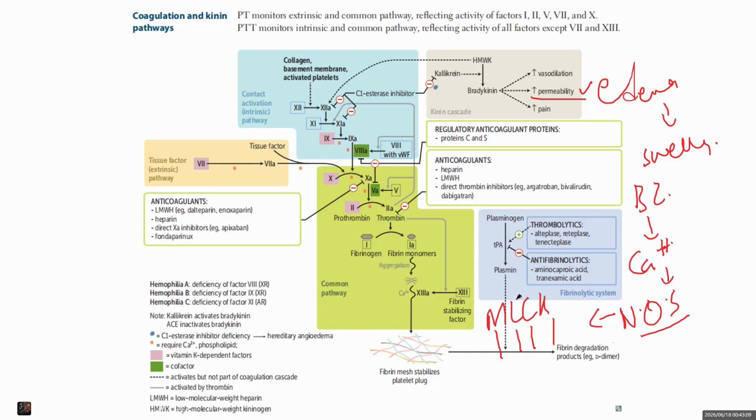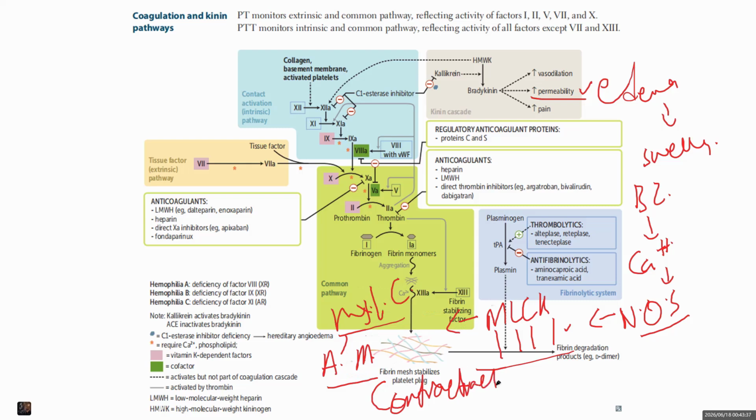Another thing to remember: whenever we have MLCK, it adds a phosphate to the myosin light chains. This causes the actin and myosin inside the endothelial cells to contract. The contraction happens just like a muscle contracts.